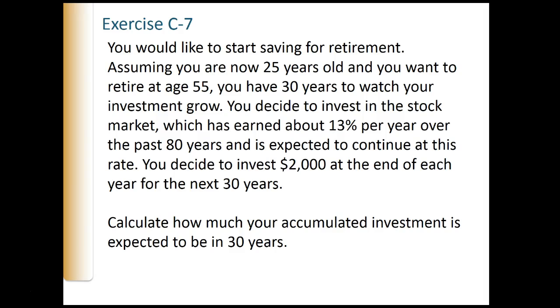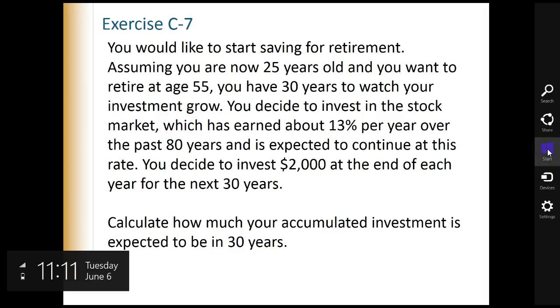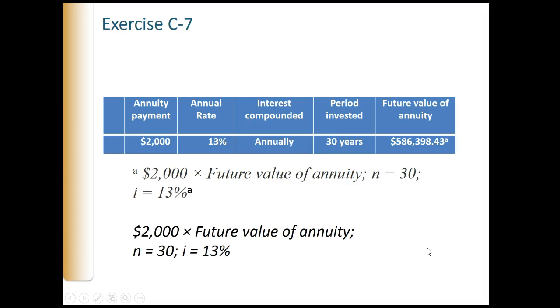So we know it's an annuity because we are investing each period. We know we are looking for the future value of the annuity. So you see the $2,000 payment, annual rate is 13%.